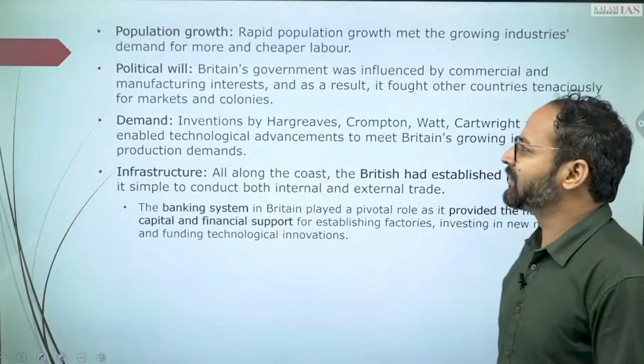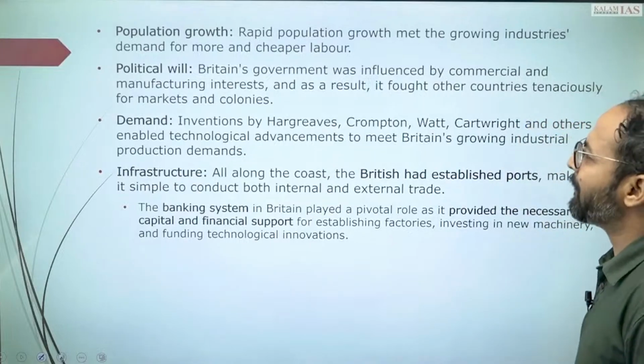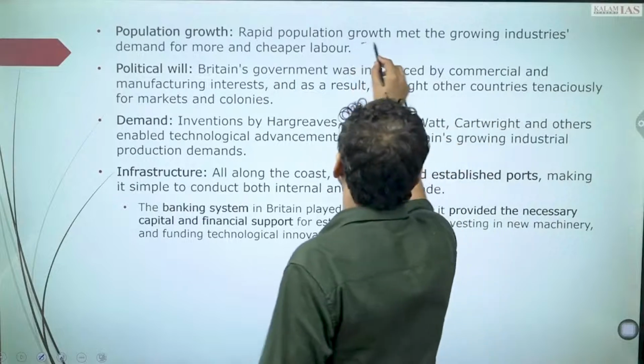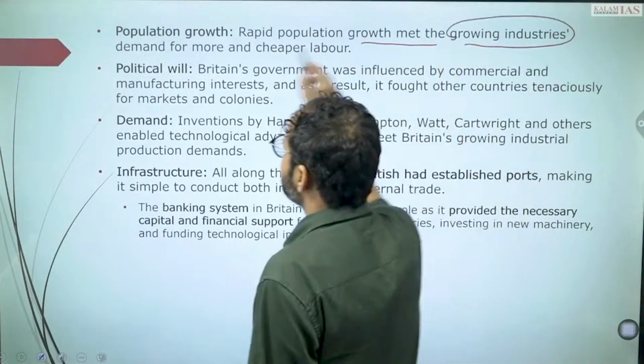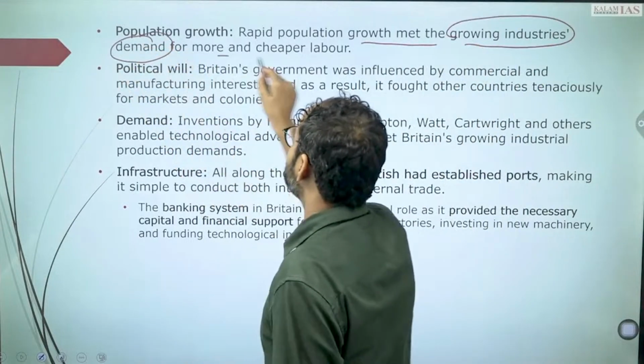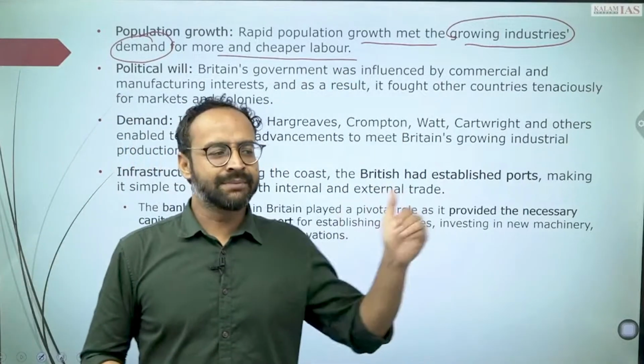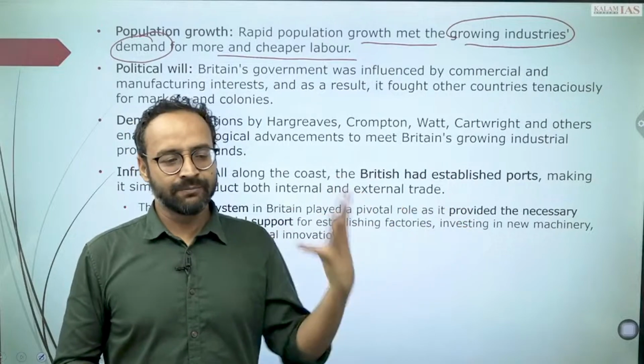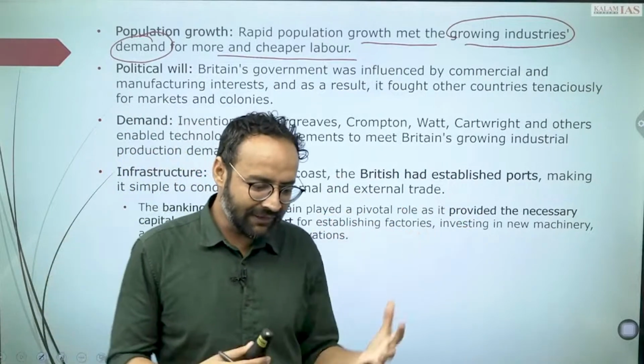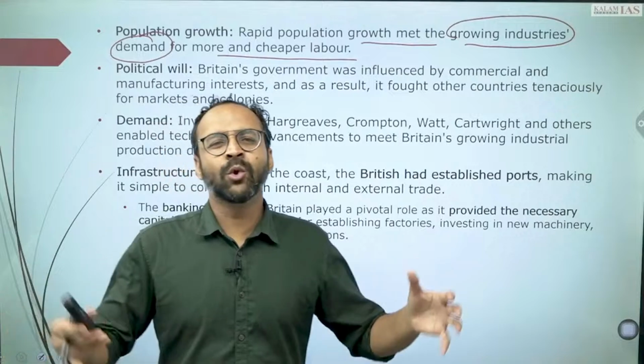Anyway, coming back to this, population grew. The population growth met with growing industries because the demand was increasing and cheaper labor was coming up. When there was more money, more people were needed.